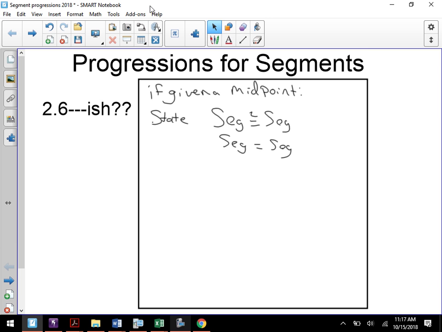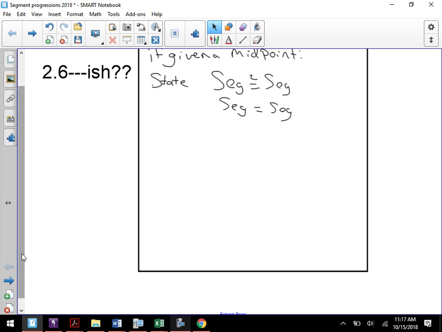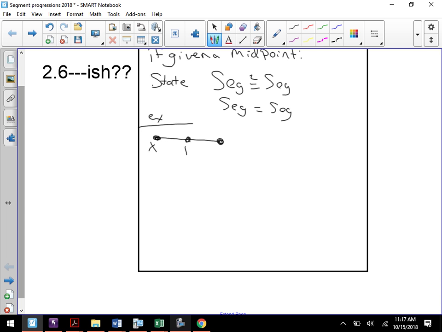So here's what an example would look like. For example, if you are given the information that B is a midpoint of XY.